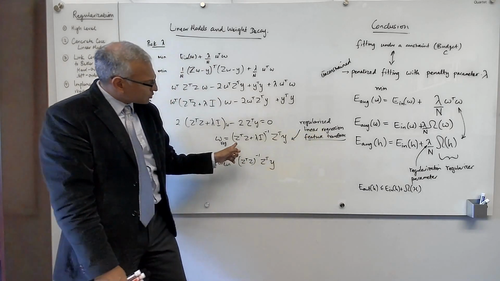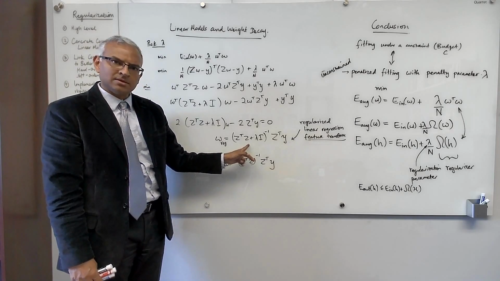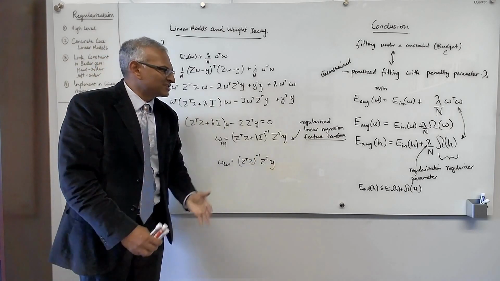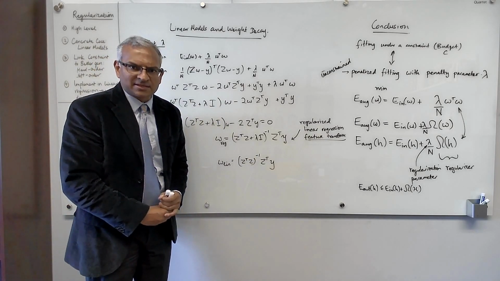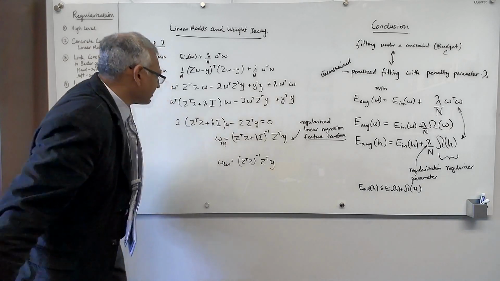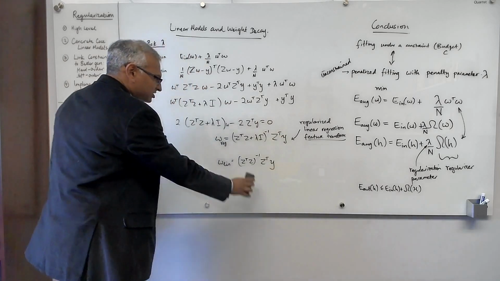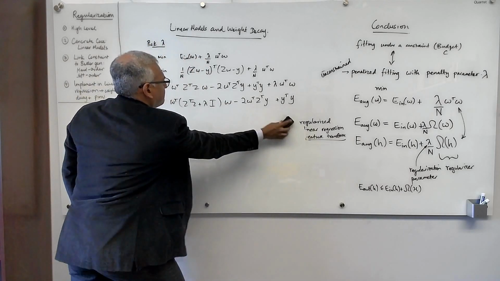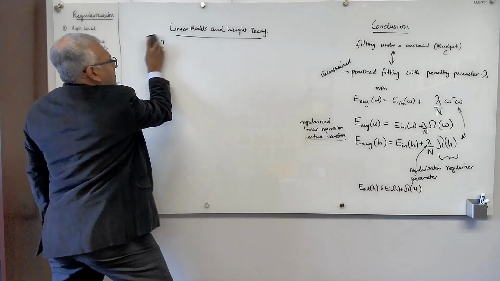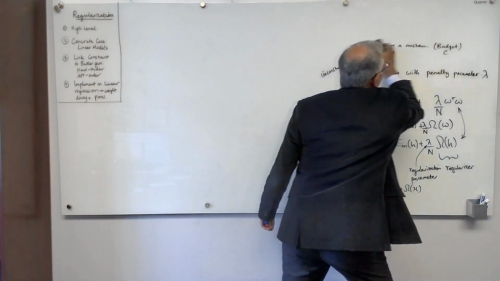Feature transform, because we're in the Z space. And so we can do regularized regression in the Z space. Fantastic. Okay, so let's erase. And now let's move to some experiments, and I'm going to show you regularization in action. And we'll use the slides.